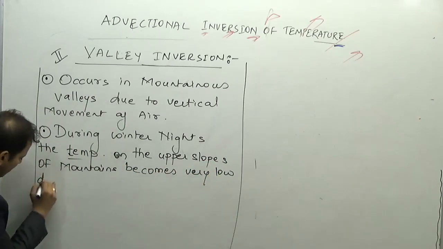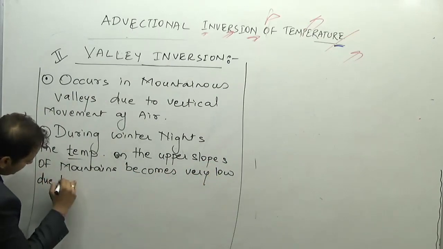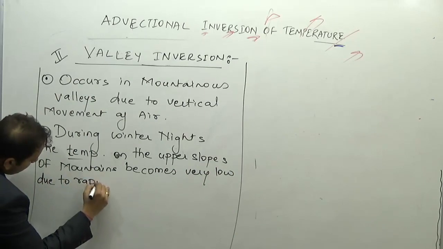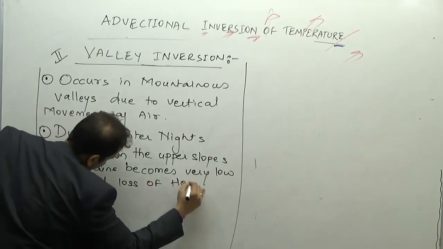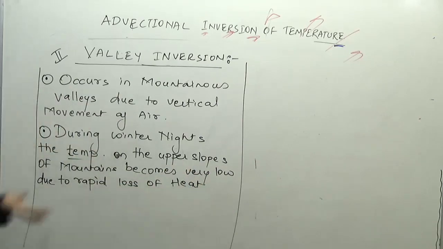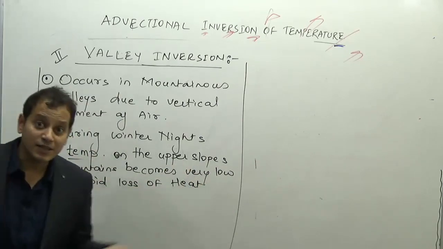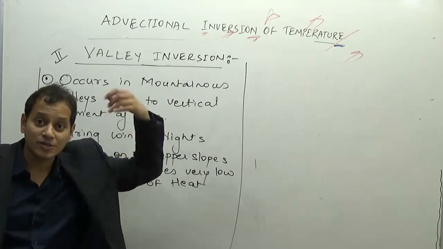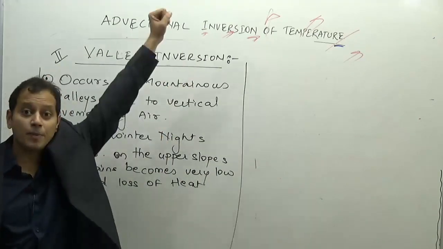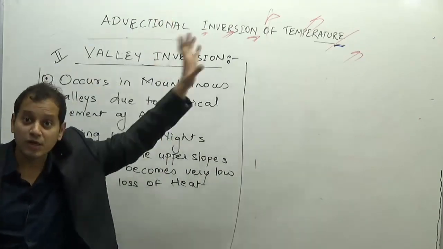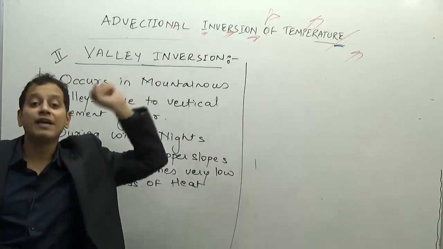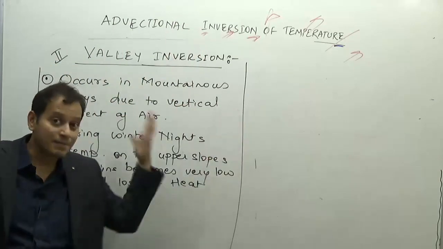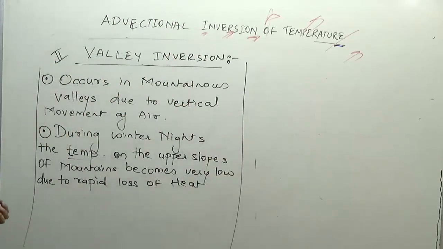Due to rapid loss of heat. As I told you, heat is rapidly lost because it is not trapped. It is given out in the open atmosphere. There are generally no cloud covers or very little moisture, very little gases, very little humidity, therefore it is rapidly lost through the process of radiation.